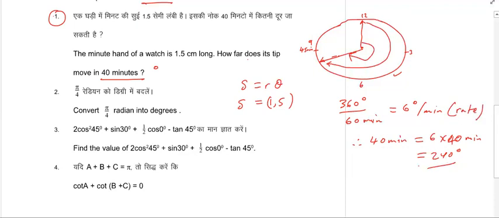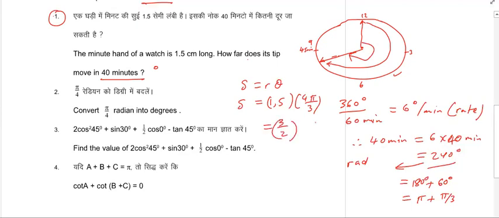But now we need to convert this 240 degrees into radians. So 240 is equal to 180 degrees plus 60 degrees, which is equal to pi plus pi by 3. So in other words, 4 pi by 3. That's 1.5, which is 3 over 2, times 4 pi over 3.